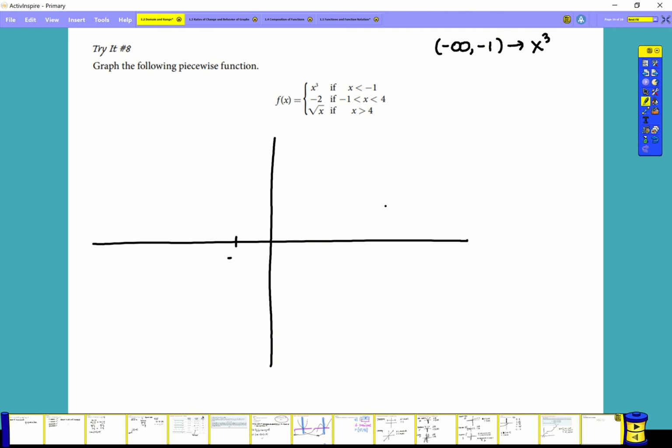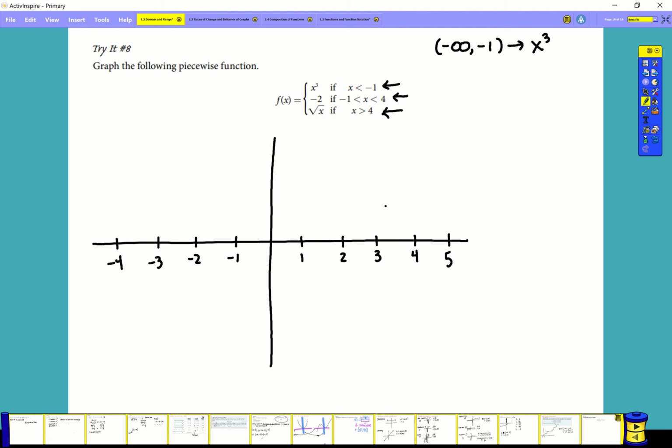Let's do negative 1, negative 2, negative 3, negative 4, 1, 2, 3, 4. I'm breaking it up according to these boundaries. It looks like it's going to go from negative infinity to positive infinity. And we'll do 5 because we need something greater than 4.